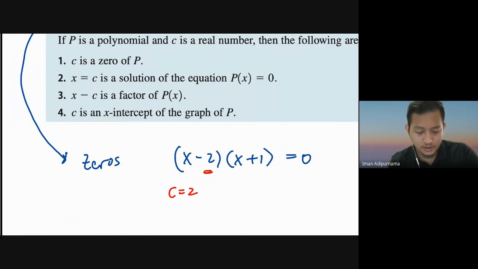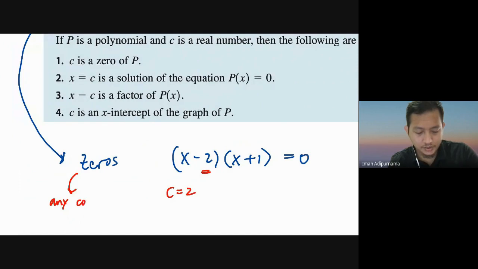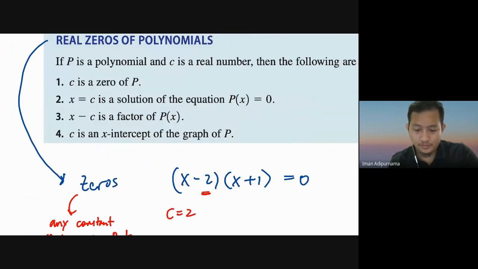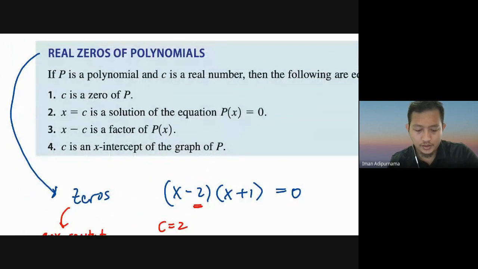So zeros is any constant that causes 0 to the whole equation. We usually call them zeros. And x equals c is a solution to the equation. Okay, that's basically what zeros means.